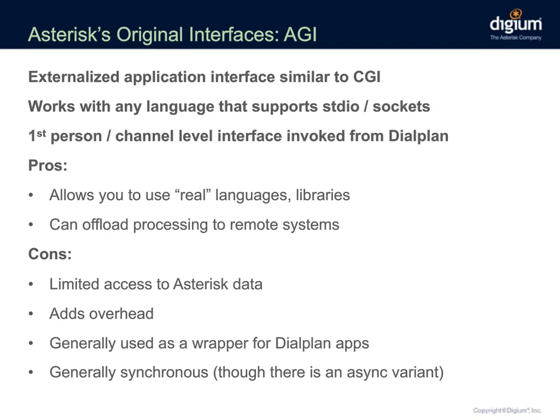It also gives you access to quote-unquote real languages, the ability to make use of libraries and connections to external databases and things that are rather difficult to do from within the Dialplan.